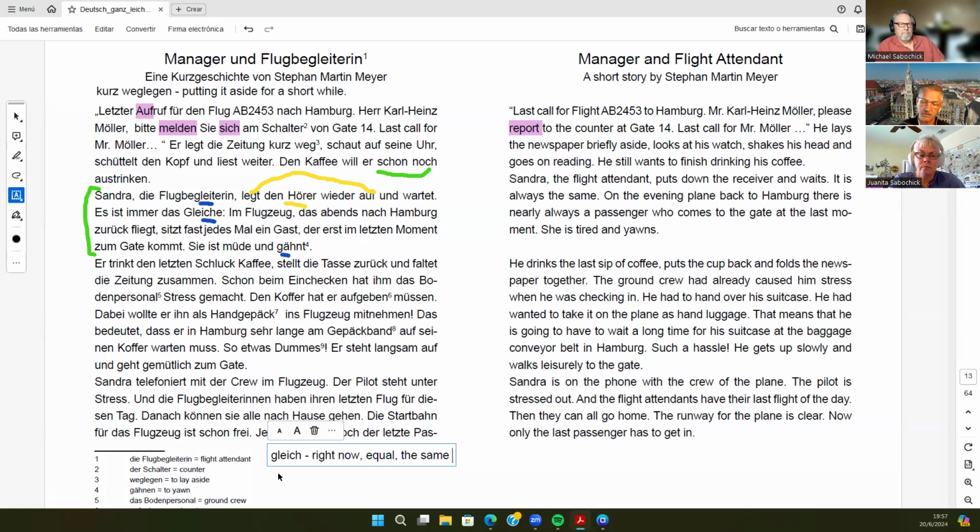Now all of a sudden it becomes das Gleiche, which means the same, in this case a noun. Es ist immer das Gleiche. So it is always the same. But now she's fed up with people like Mr. Müller.